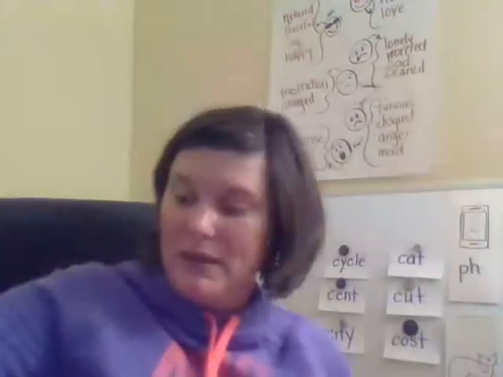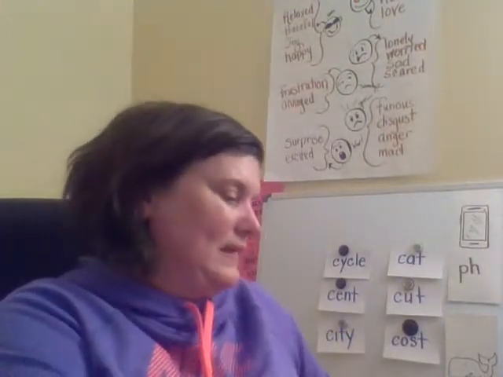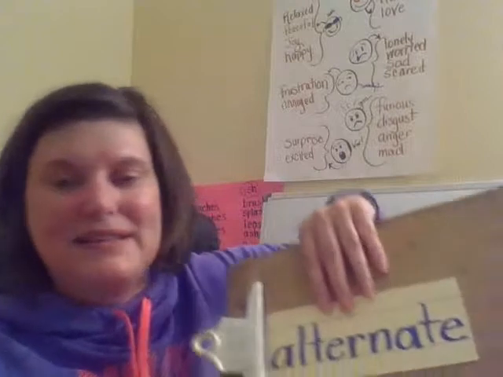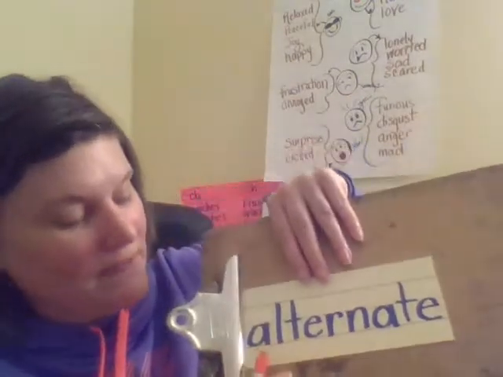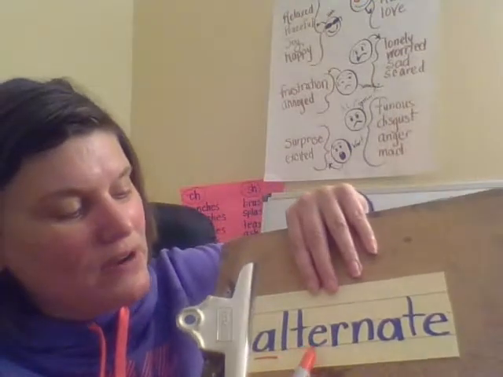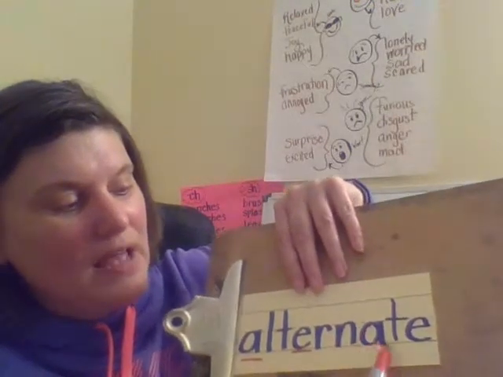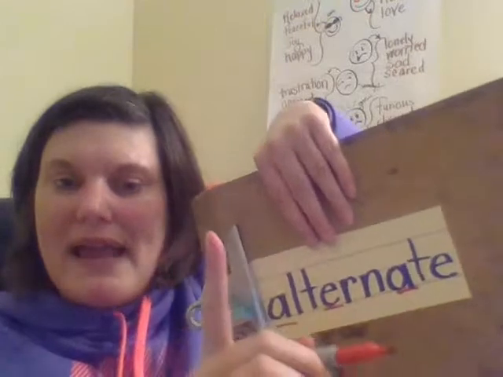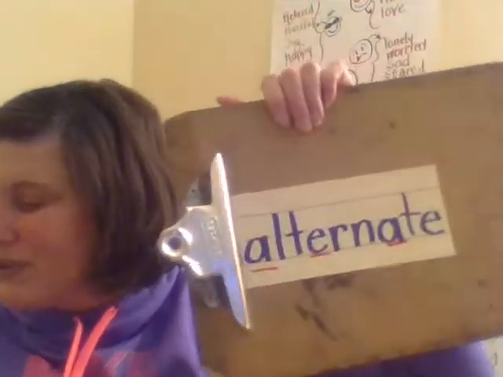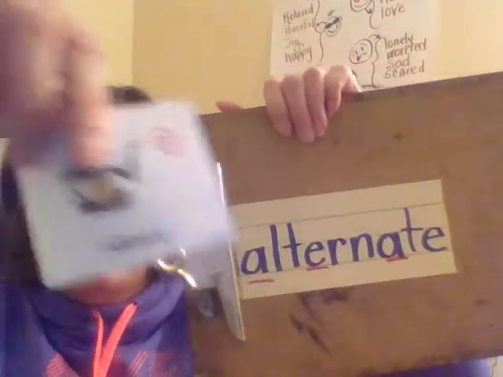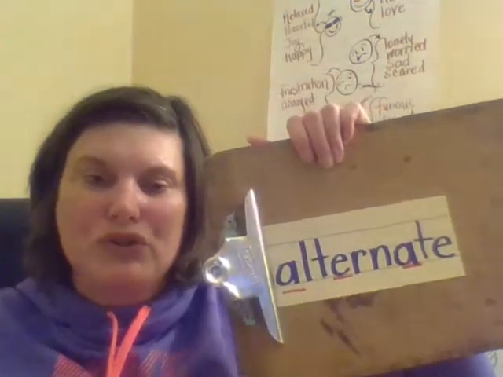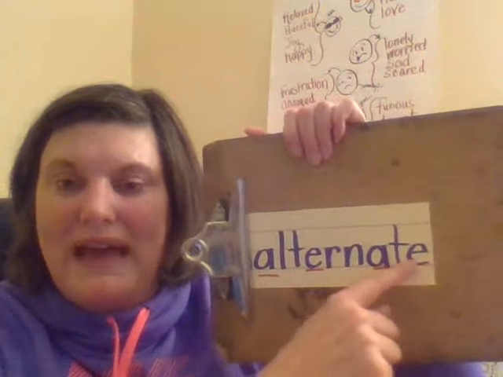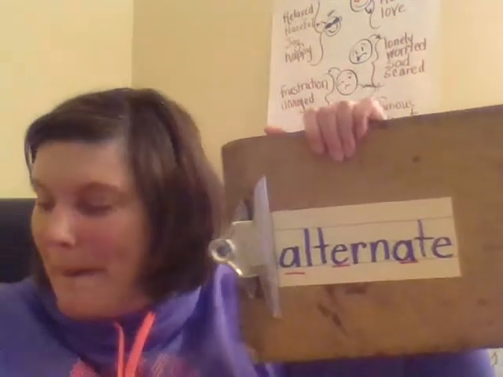And one more. All right. Let's look here. So first thing we always do is we find the vowels. Got a vowel here. I've got a vowel here. I've got a vowel here. Now, since we learned about the silent E syllable type, I want to draw your attention to the fact that E is at the end of the word.